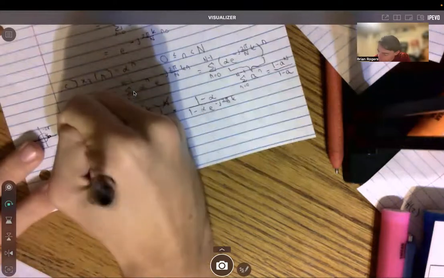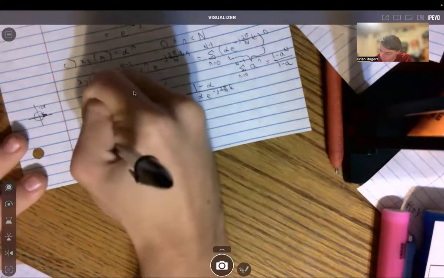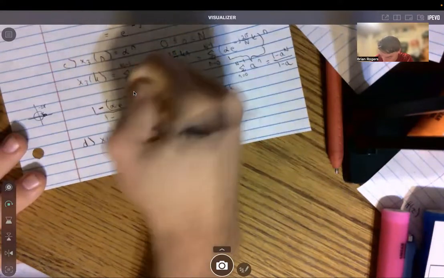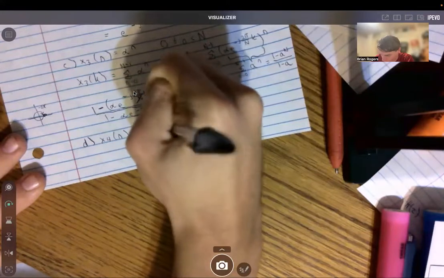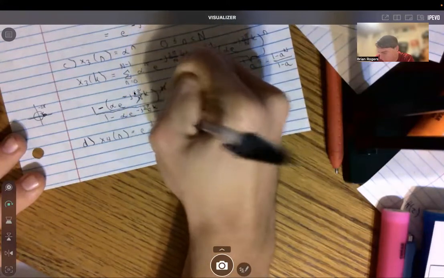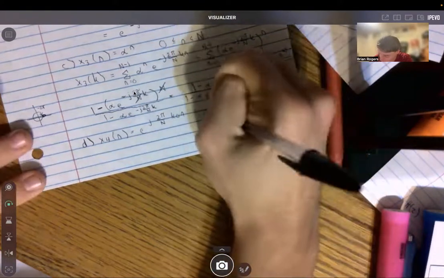Then for part D, you're going to have x of n equal to e to the j 2 pi all over capital N k0 n.